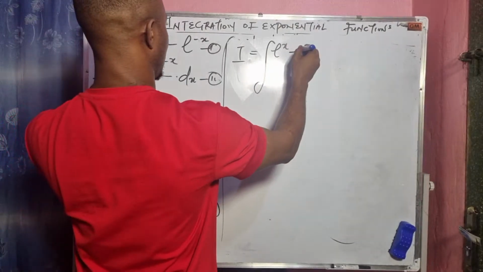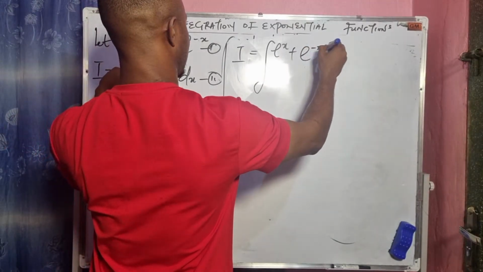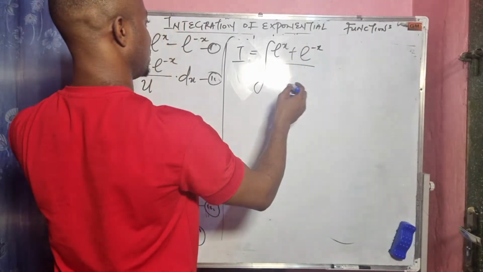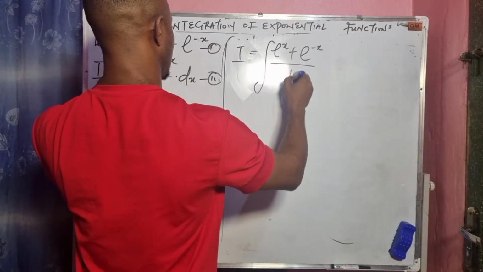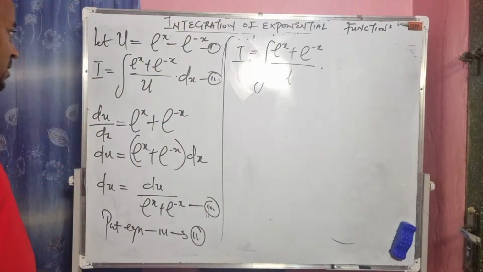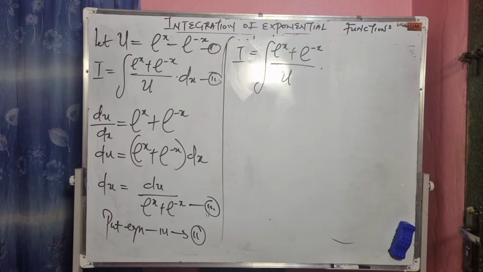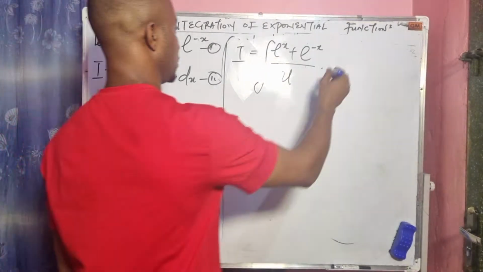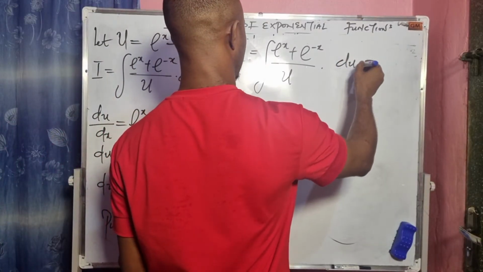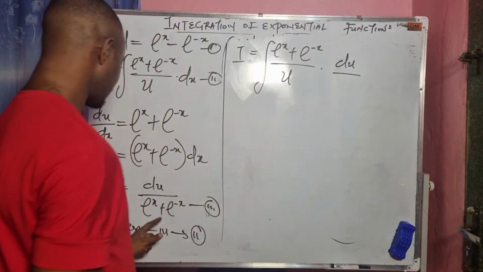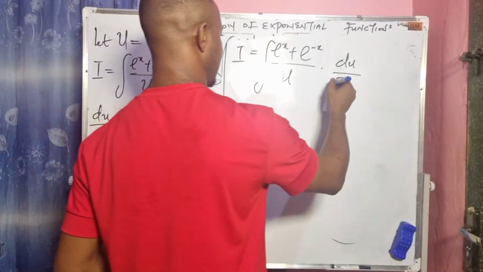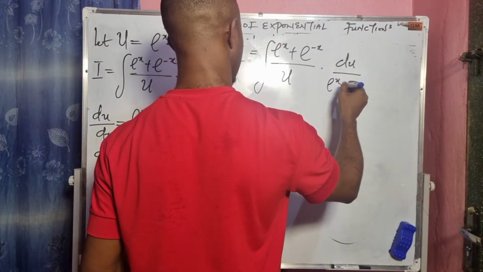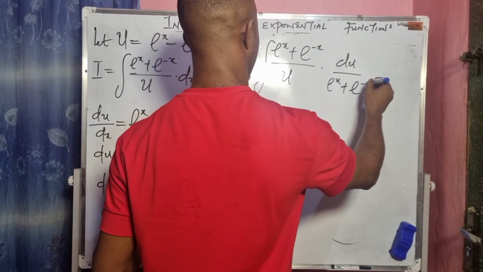So we have plus e to the minus x divided by u, and our dx is du divided by e to the x plus e to the minus x.